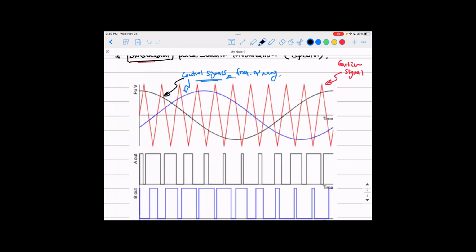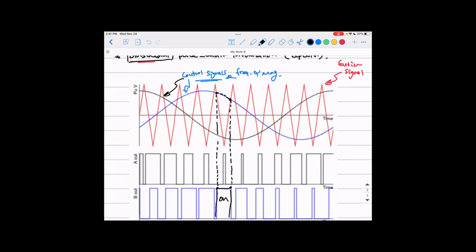Look at the blue phase with me. At the instant this blue signal is higher than the carrier signal, which is the red one, for this period here, it's higher. So look at the blue one down here. Whenever this control signal is higher than the carrier signal, you have a pulse on, which means the switch is on.